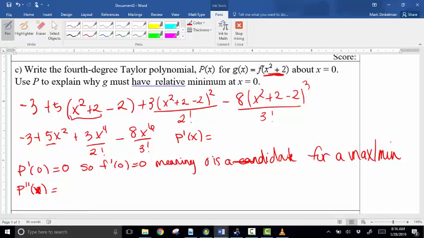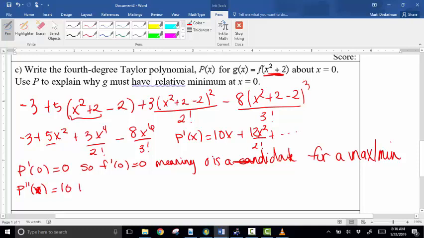We get a 0, and then we get a 10x, and then a 12x cubed over 2 factorial plus blah, blah, blah. The second derivative then is going to be 10 plus 24x over 2 factorial, and so on. I'm not too worried about the rest of that because I'm plugging a 0 into the second derivative, which gives me a 10.